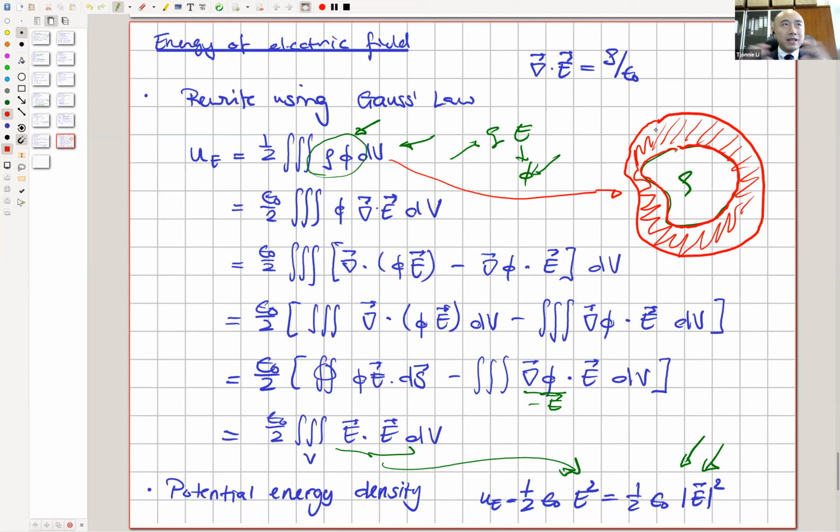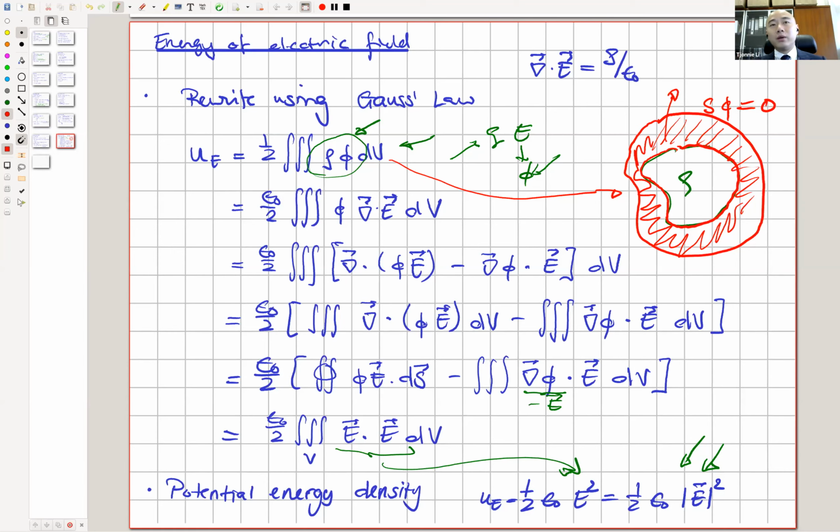So even if I'm integrating over a particular volume that is outside of the charge distribution, this rho phi simply equals 0. And so it doesn't matter where I integrate out to. I can integrate all the way out to infinity, and any place outside the space where rho exists equals 0, so I'm just adding zeros. In this case, this expression still holds, and I integrate all the way out to infinity.